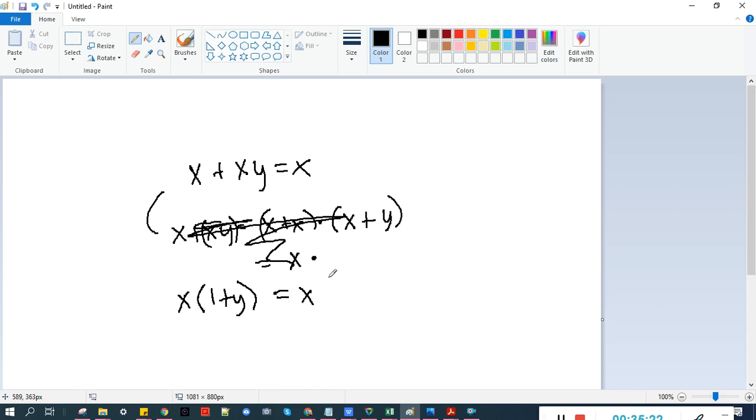So x times 1 or y, and 1 or y is just 1, so it's x. So we use the distributive property, which is factoring out. That is the important thing. 1 or y is just 1.